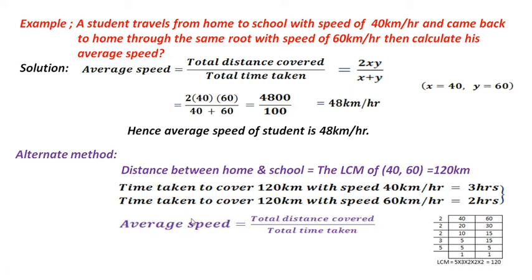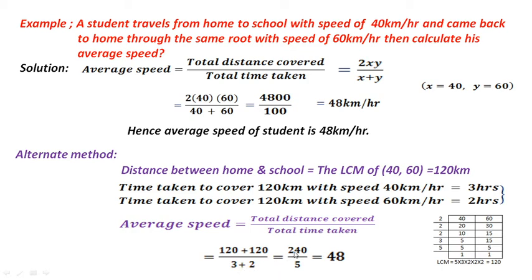Here again use the same formula. Average speed is equal to total distance covered divided by total time taken. So this is equal to 120 plus 120 as the total distance covered, and similarly the total time taken is 3 plus 2 hours.